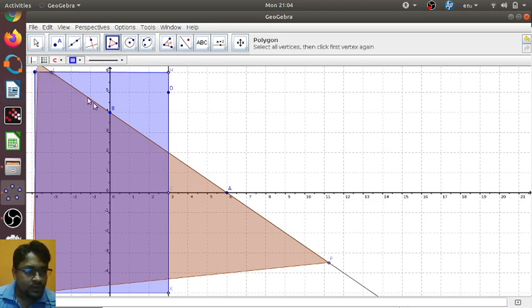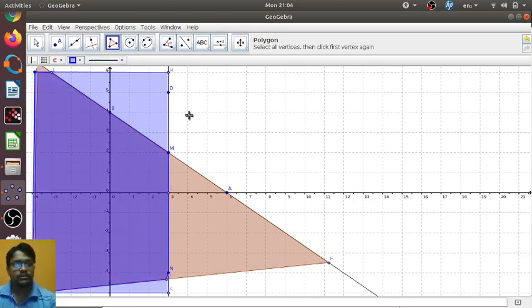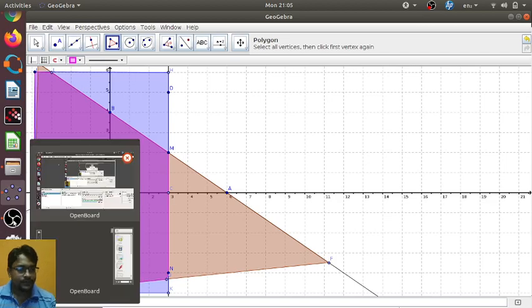This particular region satisfies both the inequalities. This pink portion represents both the inequalities. That is how we deal with inequations.